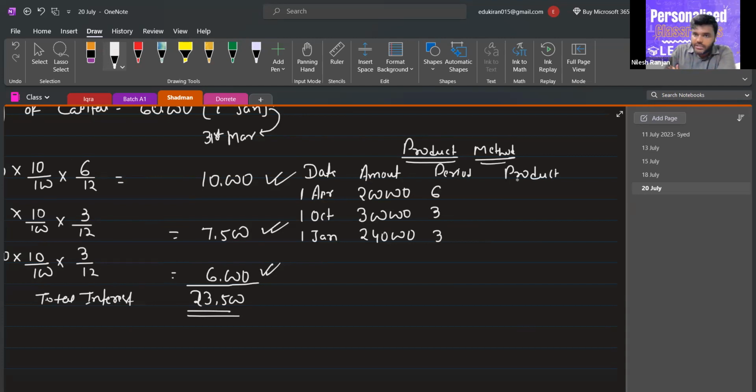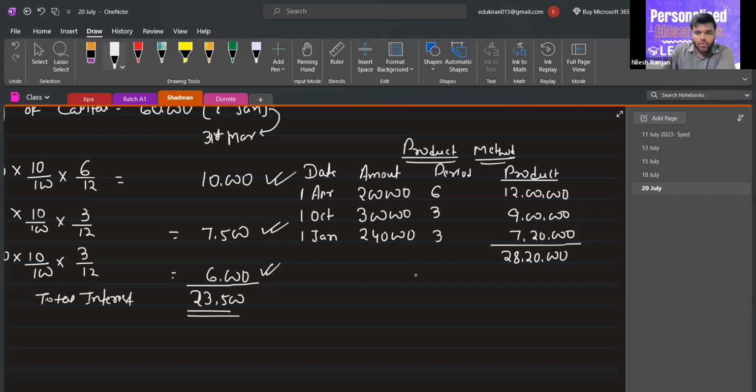Product is the multiplication of these two. So 2 lakh into 6 is 12 lakh. 3 lakh into 3 is 9 lakh. And 2,40,000 into 3 is 7,20,000. Then we calculate the total of the product: 12, 9, 21, 7, 28 lakh 20,000. Is this clear?